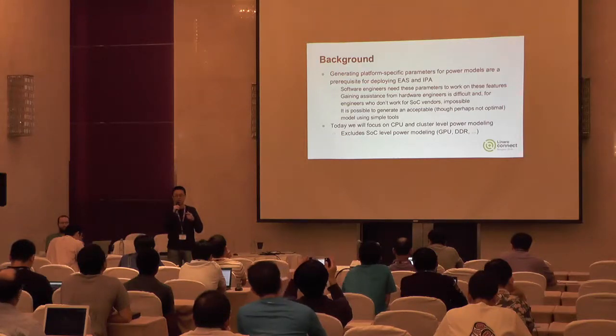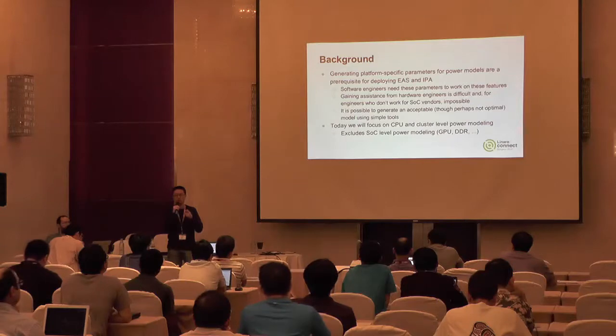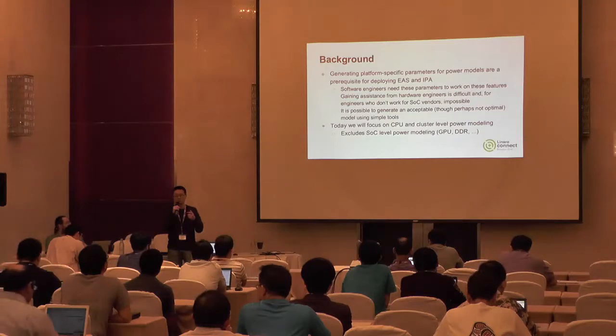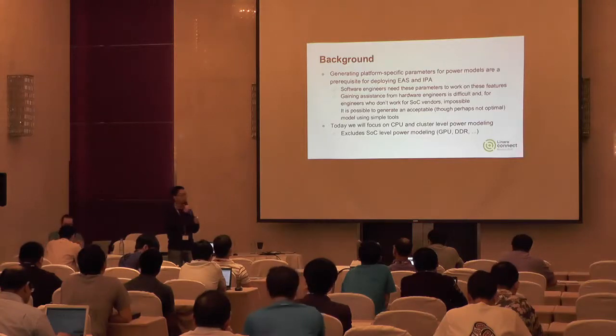But for EAS and IPA, it's quite different. You must first generate the power model on your platform, on your specific SoC, because the SoC silicon may have quite different processes. So you need to generate the power model data to reflect the real characteristics of your SoC.